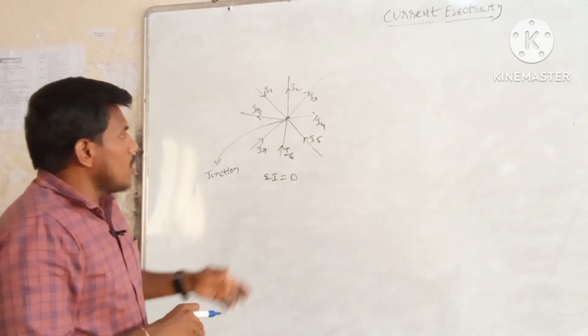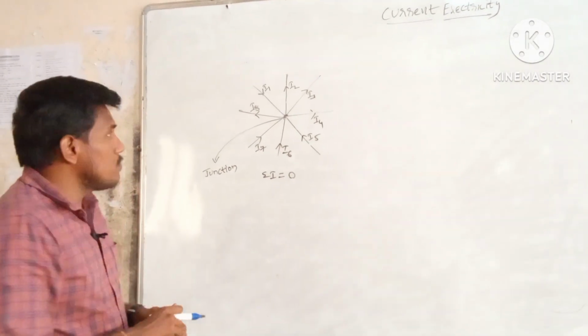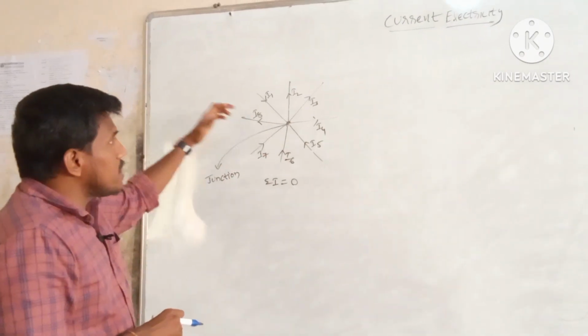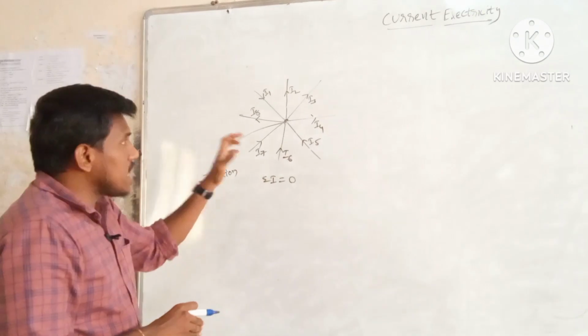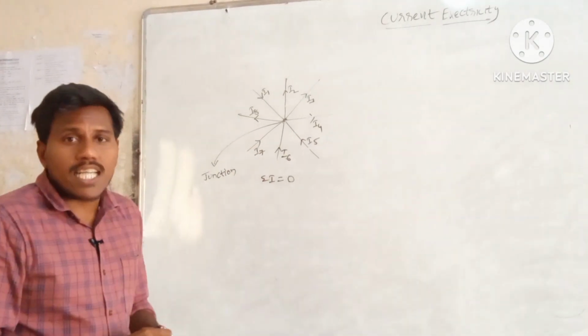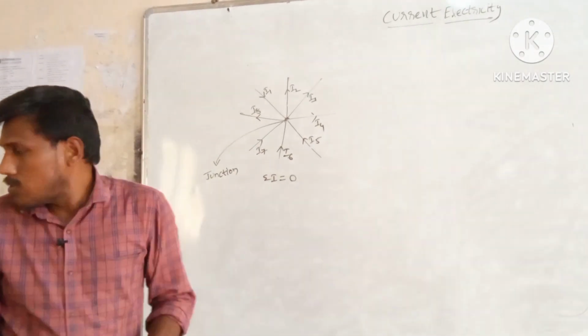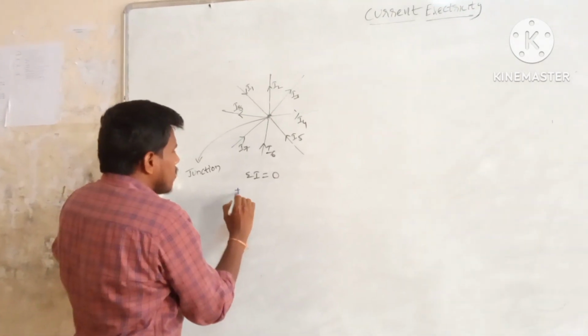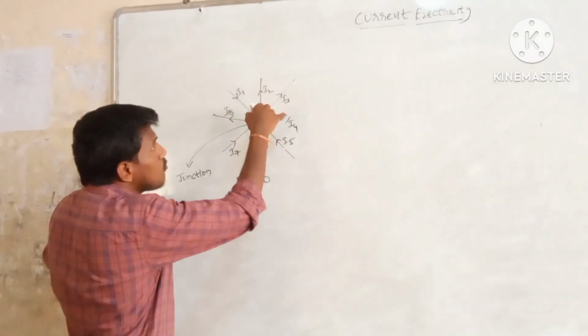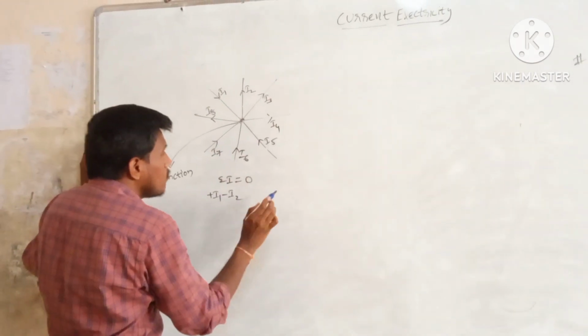Now I am using sign conventions. Out of all the currents, the currents flowing towards the junction I am taking as positive, and the currents flowing away from the junction I am taking as negative. See, I1 current is flowing towards the junction, plus I1. I2 is flowing away, minus I2.